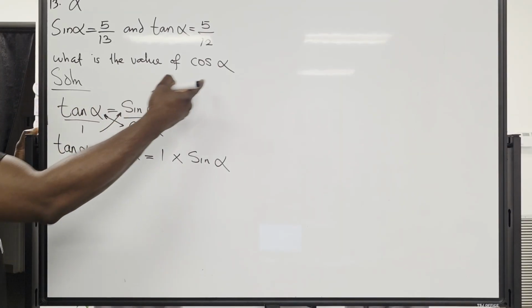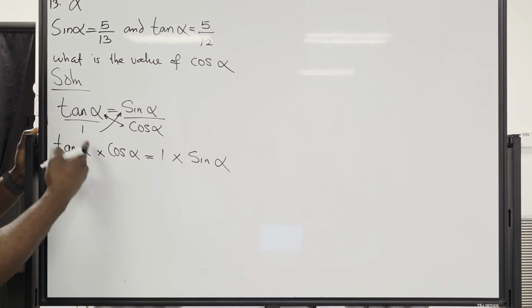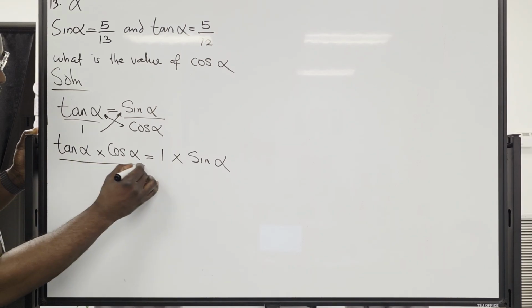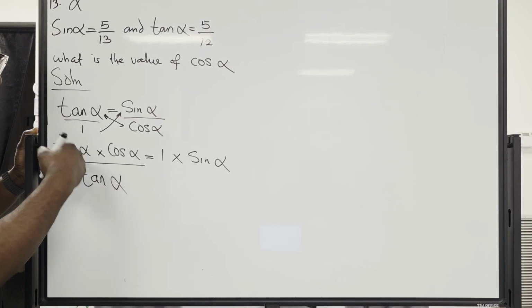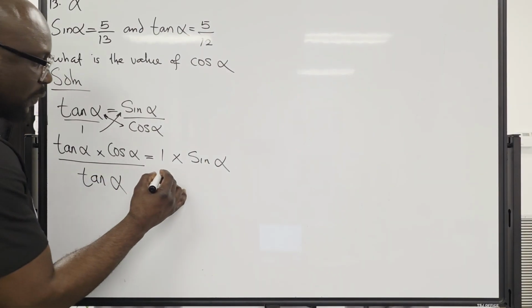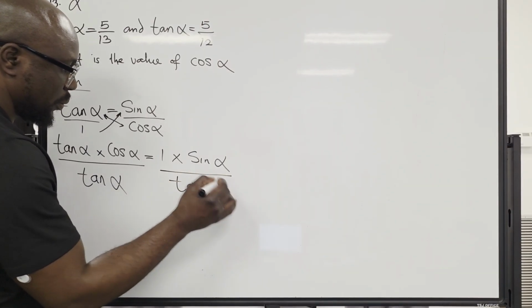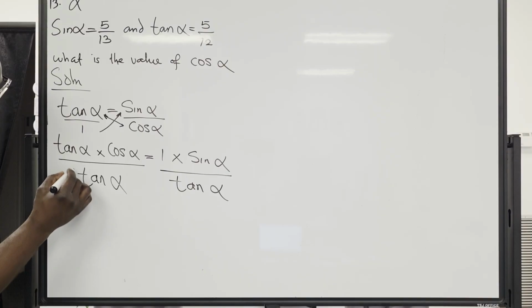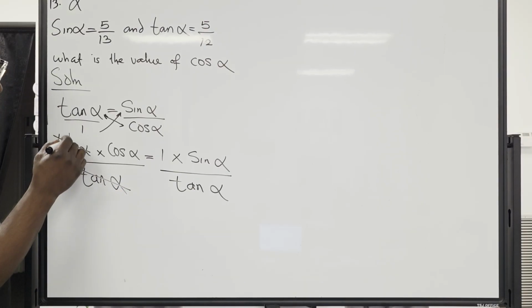Since what we're looking for is cos alpha, we can divide both sides by tan alpha to remove the tan. We divide this side by tan alpha, and I'm left with cos alpha. And we divide this side also by tan alpha, so that tan alpha cancels out tan alpha, and this gives us 1.